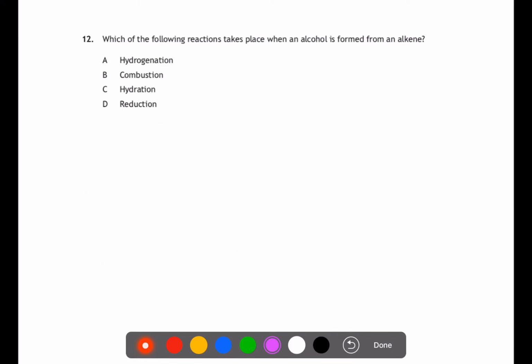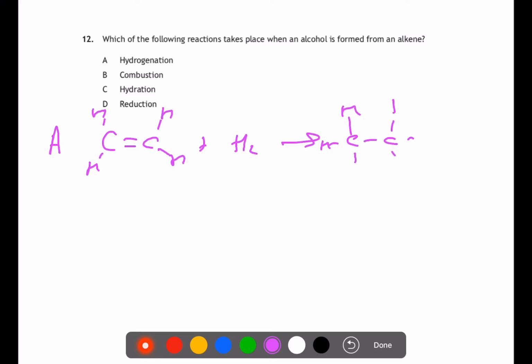Question 12. Which of the following reactions takes place when an alcohol is formed from an alkene? So let's go through each of the types of reaction. So for A, hydrogenation, you would take an alkene and add hydrogen, and this will give you the corresponding alkane. B, combustion.